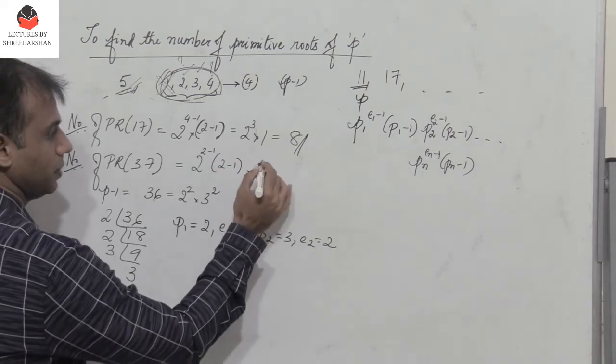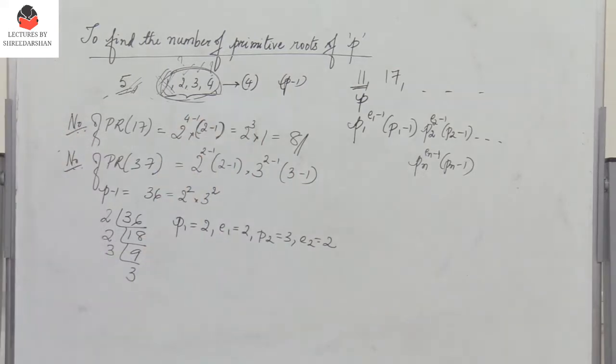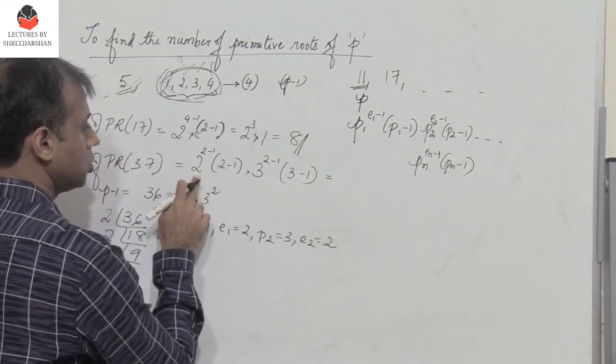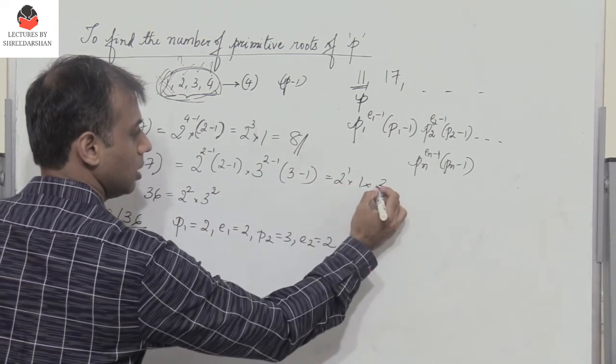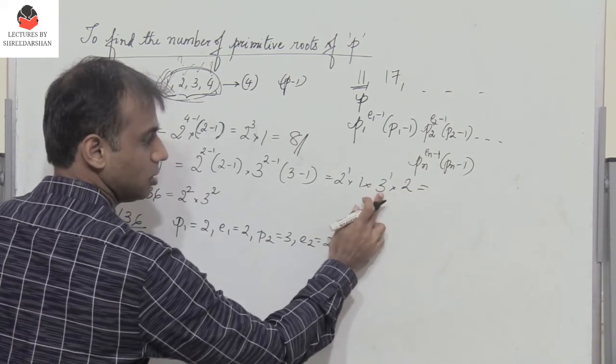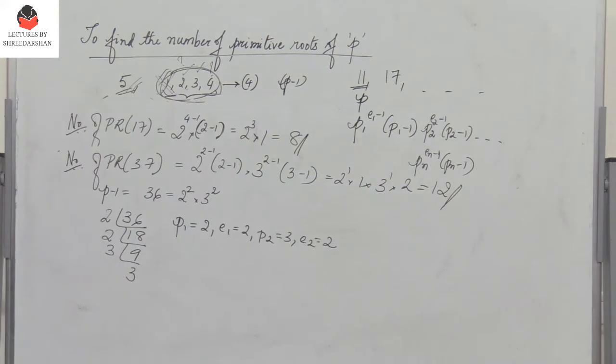It is 3 power 2 minus 1 into 3 minus 1. Alright, so here what do we get? 2 power 1 into 1 into 3 power 1 into 2. So I get 3 into 2 is 6 into 2 is 12. So there are 12 numbers which are primitive roots of the given prime number 37.